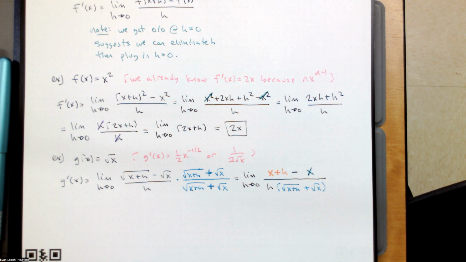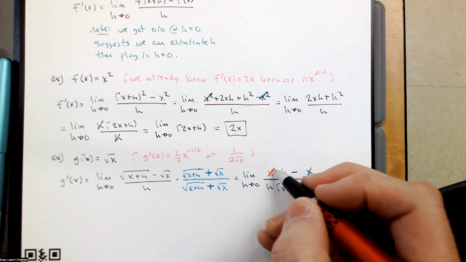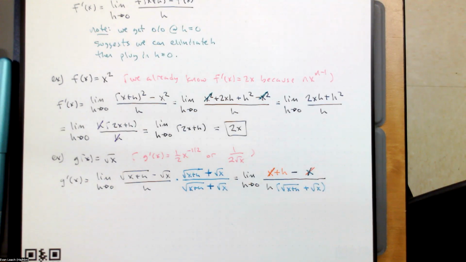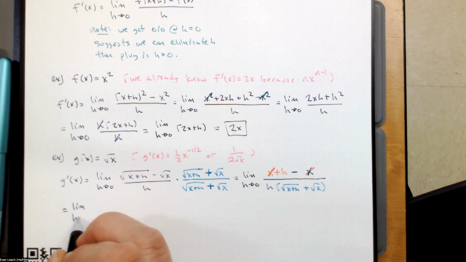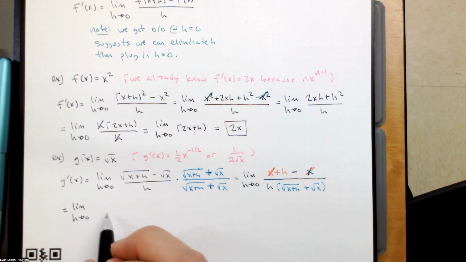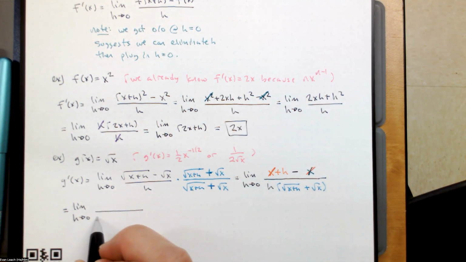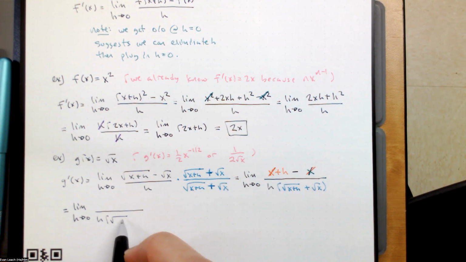Notice that the same thing is happening here. The stuff in the numerator without an h cancels out. So the denominator still looks messed up, but the important part is that that h is hanging out ready to be canceled.